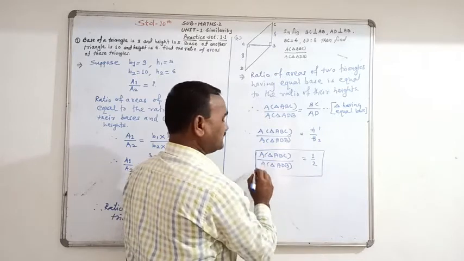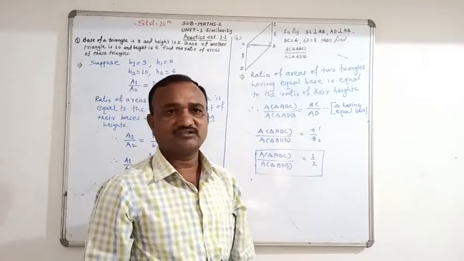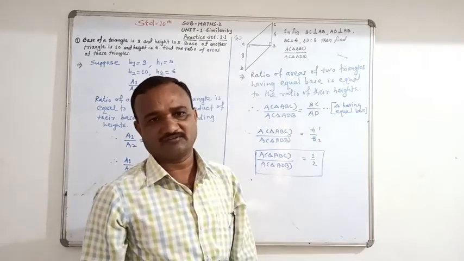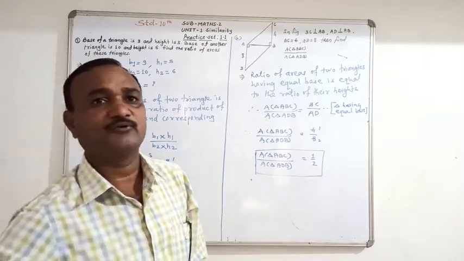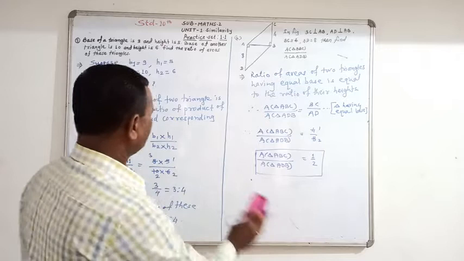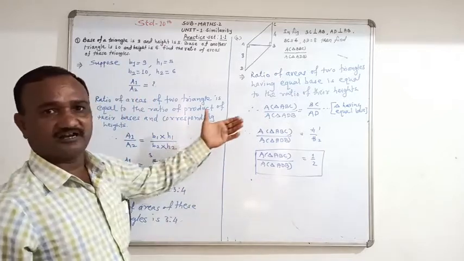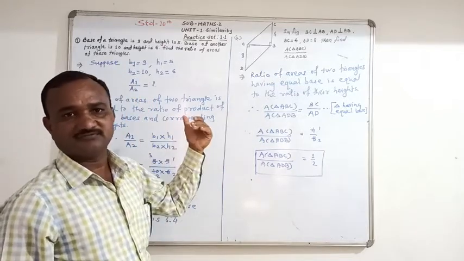Just like the first and second, you can solve example numbers 3, 4 and 5. Some figures related to example numbers 4 and 5 we can discuss here. So can you understand example numbers 1 and 2?